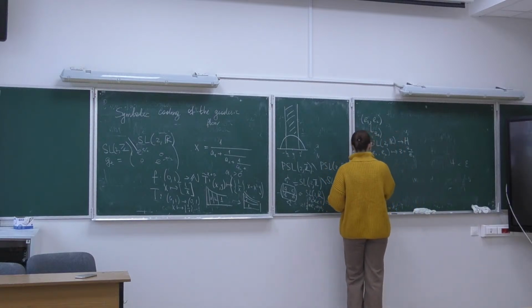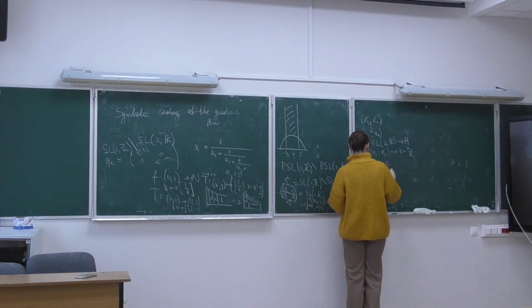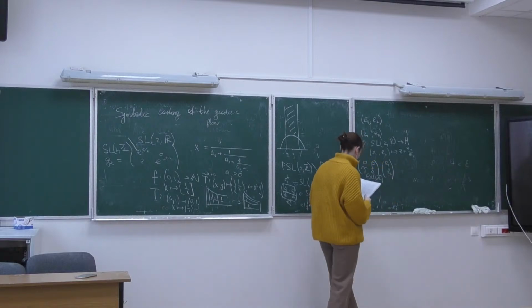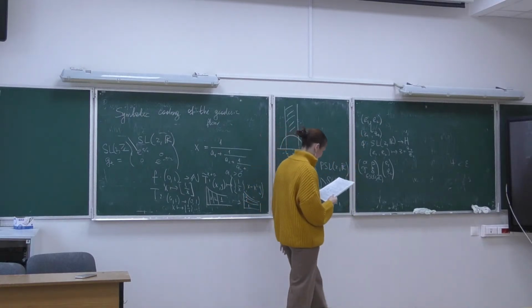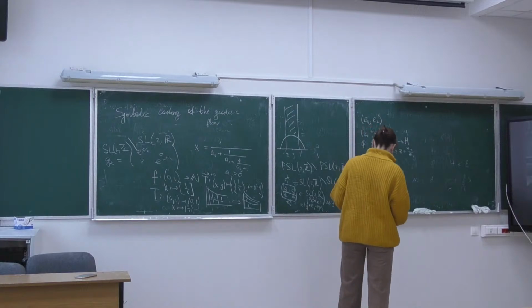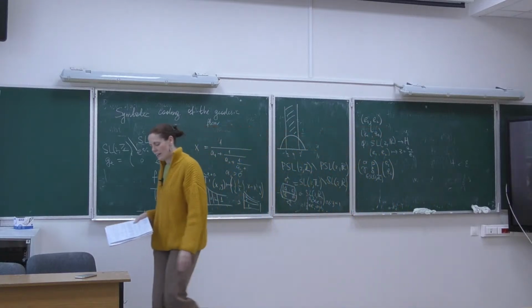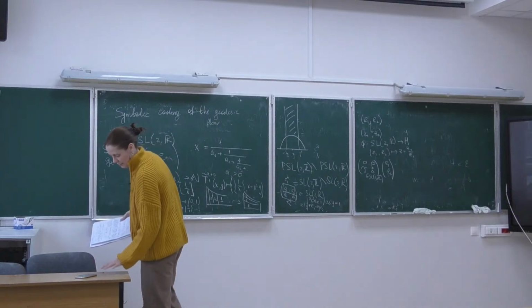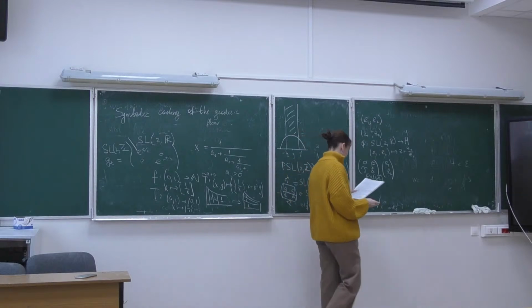So if we take some matrix like this from SL2Z and multiply it on E1, E2, as a result we get a pair of vectors that will provide us another basis for the same lattice. So in order to describe the geodesic flow in an efficient way, we need to fix a basis in the world of these lattices.